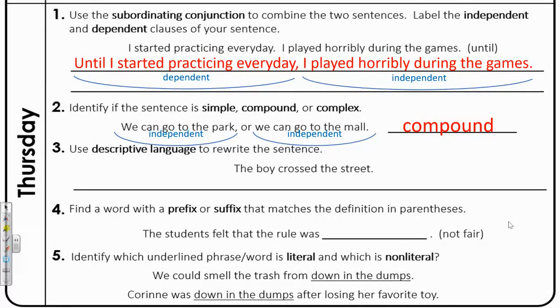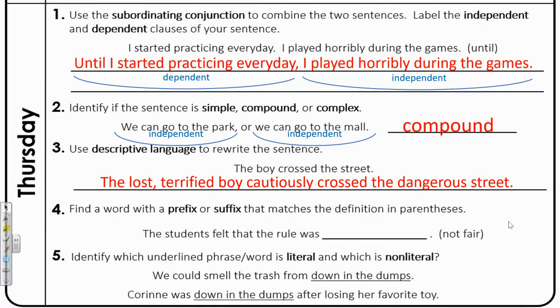Number 3, use descriptive language to rewrite the sentence. The boy crossed the street. That's a pretty boring sentence the way it's written right there, so I decided to add some parts of speech to make it more interesting. And I wrote, the lost, terrified boy cautiously crossed the dangerous street.